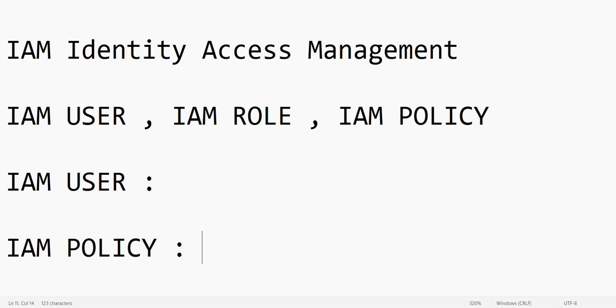We can create policies manually based on the requirement, or we can go for AWS managed policies. Why policies? For example, after creating a user, he needs to access one of the resources like an S3 bucket or EC2 instance. So he needs permission, right? That's why we create a policy and attach that policy to the specific user. Let's see how to create a policy and how to attach a policy to the newly created user.